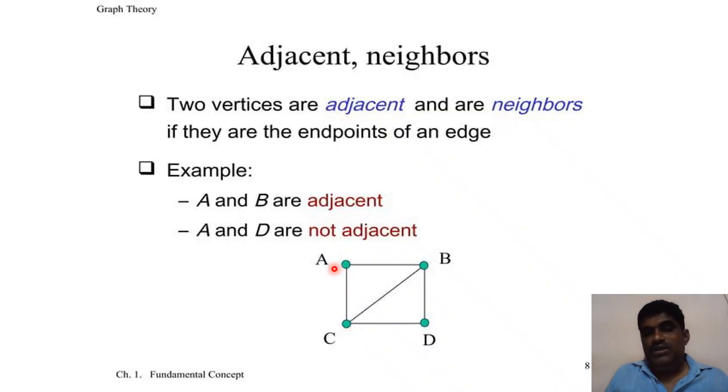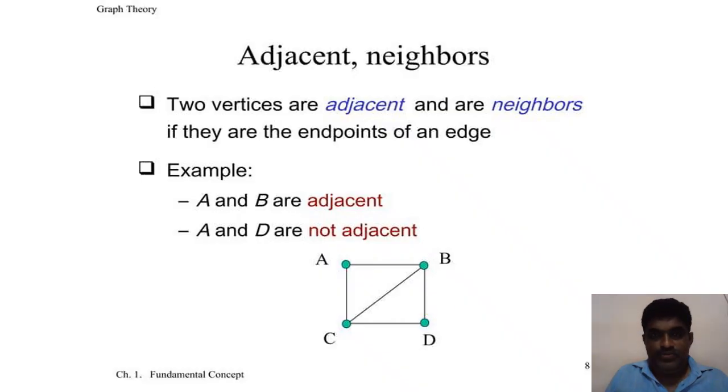The vertices A and D are not adjacent. The reason is the vertex A is not directly connected to vertex D, it is connected through the vertex B to D or the vertex C to D. This is a simple example for adjacency.